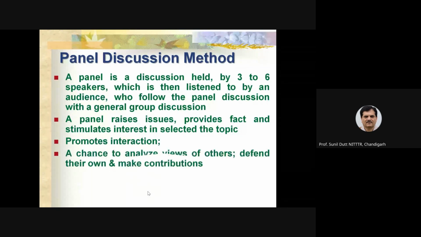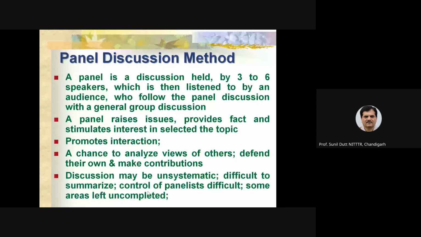So through this we can promote interaction. And sometimes the panels may not discuss in a systematic way, and sometimes you get a lot of ideas that are very difficult to summarize, and control of panelists sometimes becomes very difficult, and sometimes some areas are left uncompleted.